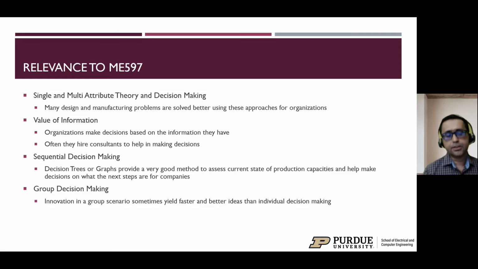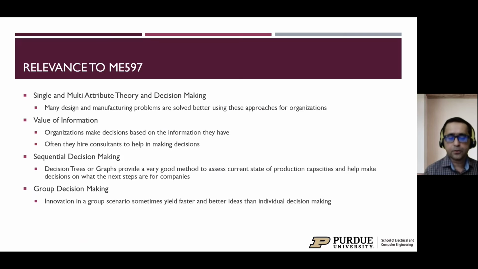If you really see in the industry today, they do hire a lot of consultants like McKinsey and others to come and help organizations make decisions. If an organization has not looked at certain information, consultants come and make that available. And once you have that information, you can assign probabilities to come up with a better decision in a mathematical manner rather than just going by a qualitative way of looking at things.